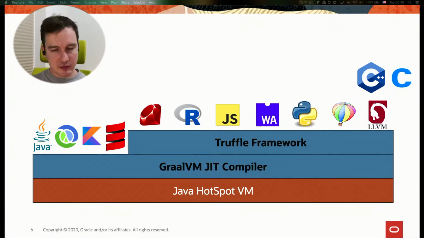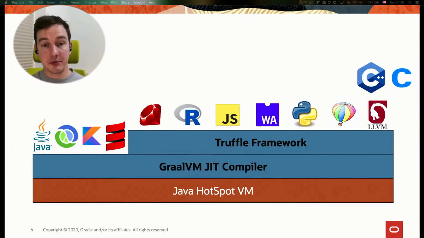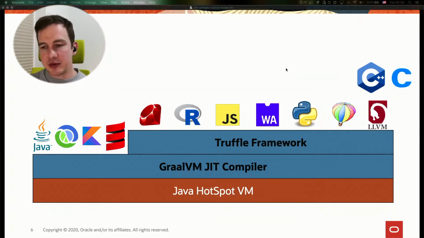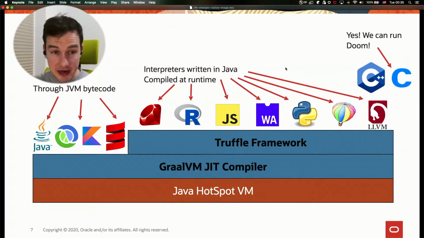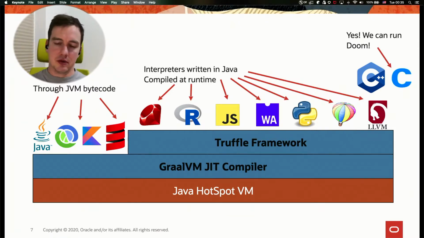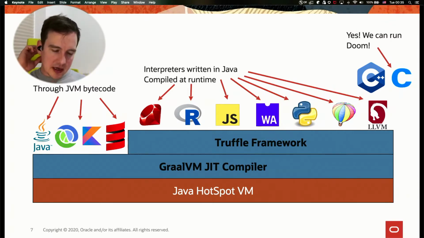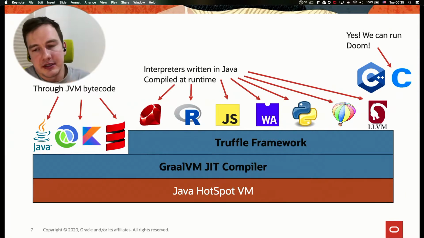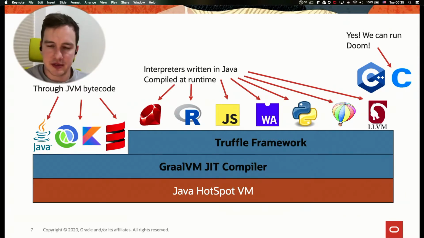So you use Java to write an interpreter for, for example, Ruby, and then at runtime, those become just-in-time compiled into machine code. So this way we have the interpreters for Ruby or JavaScript, WebAssembly, and other languages that we support. And you need to understand here that those interpreters are quite complex Java programs.